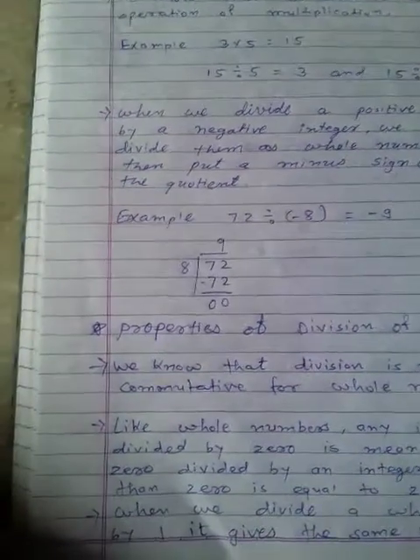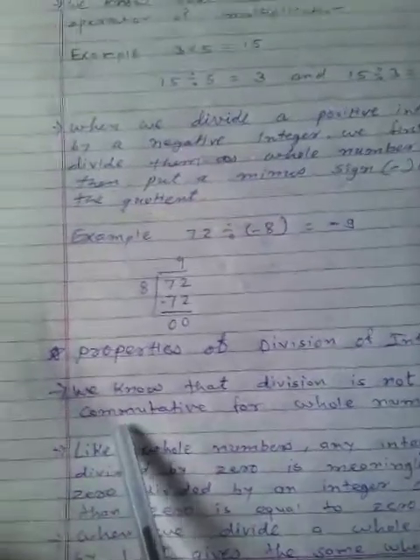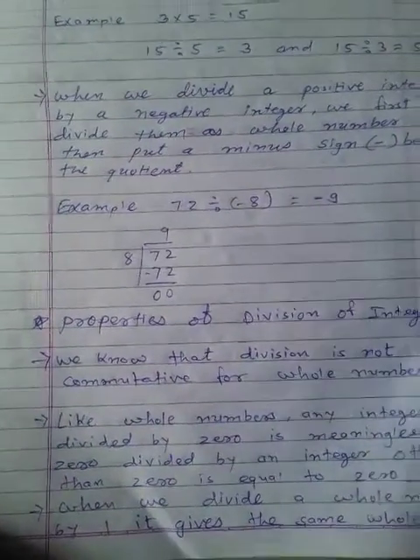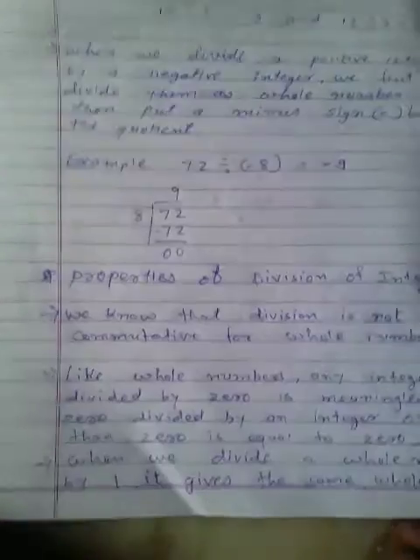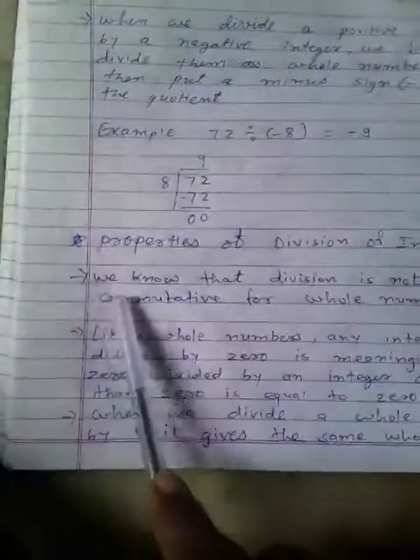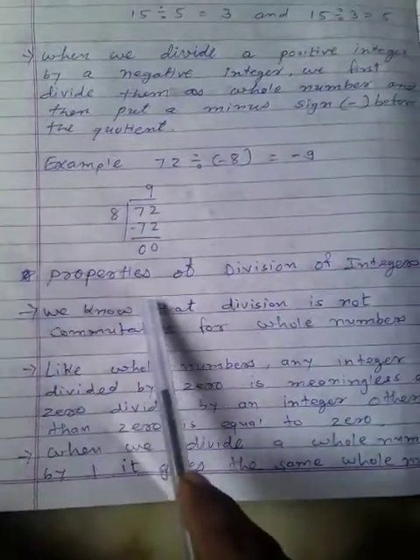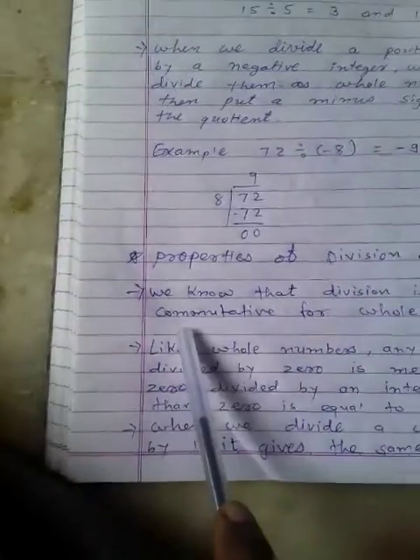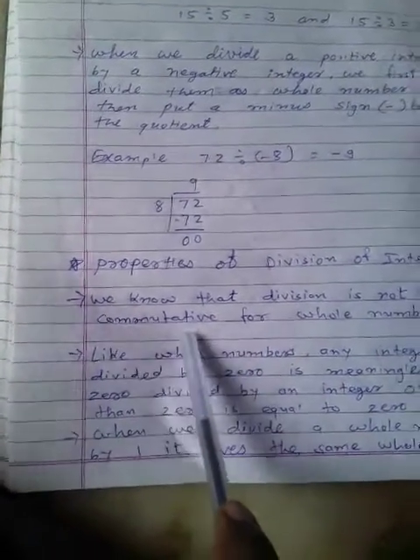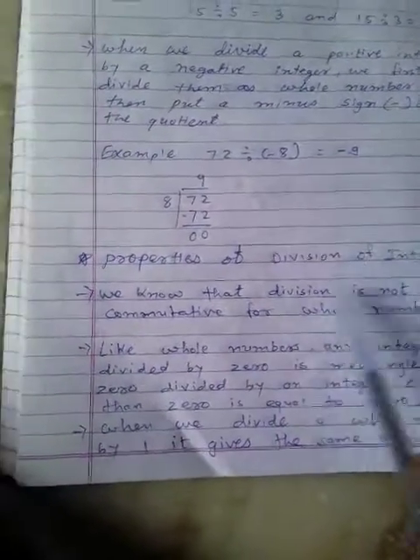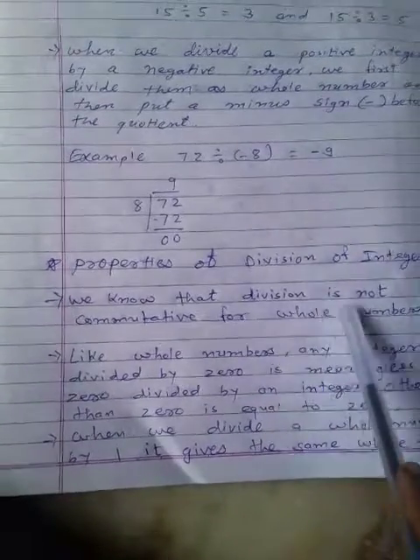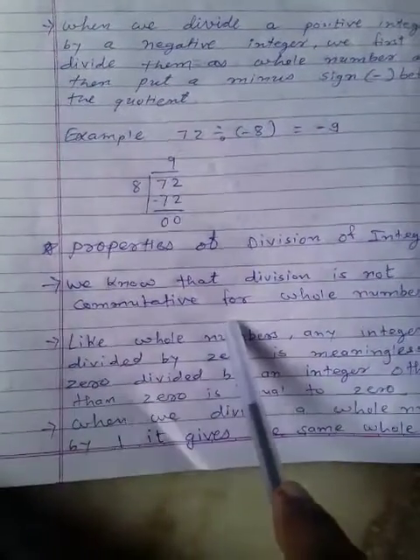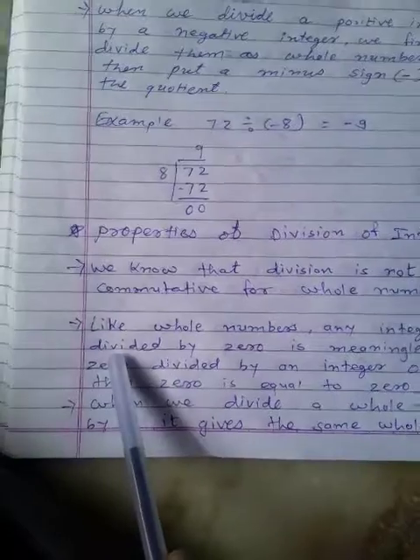Okay, now next point, properties of division of integers. Now see here, we know that division is not commutative for whole numbers.